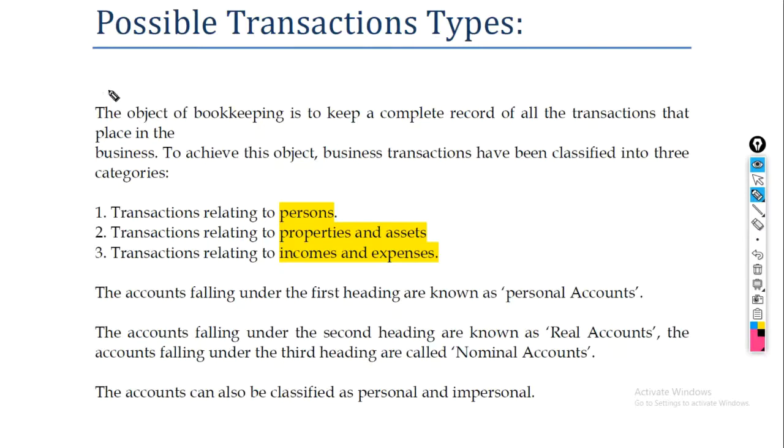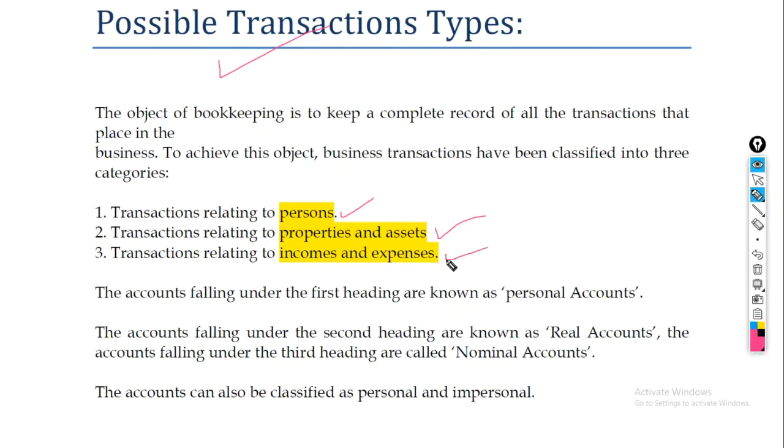Now that we know what a T-shaped account is, we'll learn what transactions are possible in a business. A transaction can relate to a person, like trading of goods, paying off a supplier or getting cash from a debtor. It can also relate to properties or assets, that is buying an asset, selling an asset, buying an investment, selling an investment.